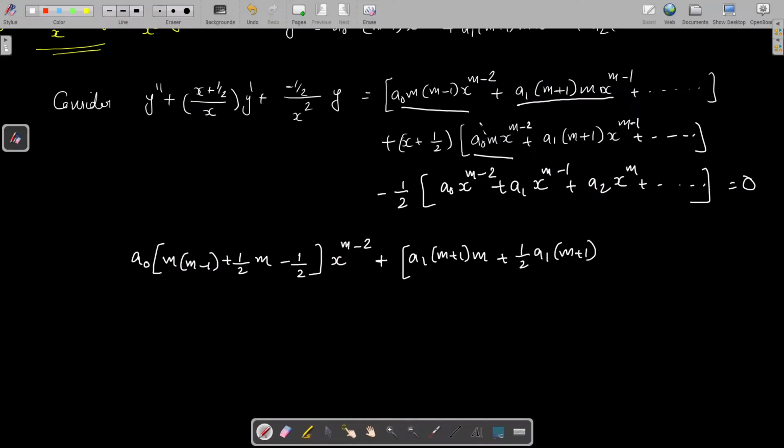That is a term with x raised to m minus 1. Now you multiply this expression a naught m x raised to m minus 2 into x. That is a term with x raised to m minus 1. So we have plus a naught m. And in the last term, there is a term with x raised to m minus 1, that is minus 1 by 2 a1, the whole into x raised to m minus 1.